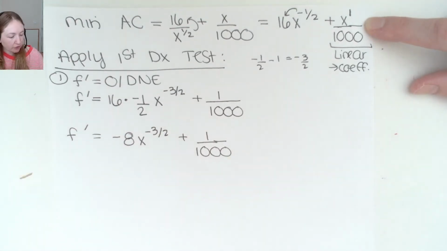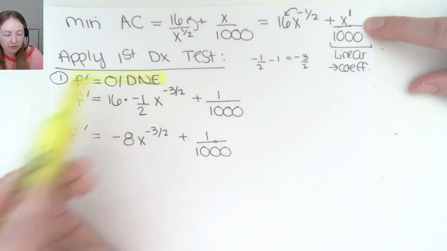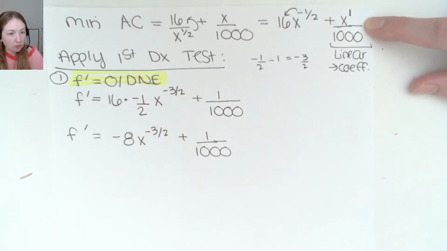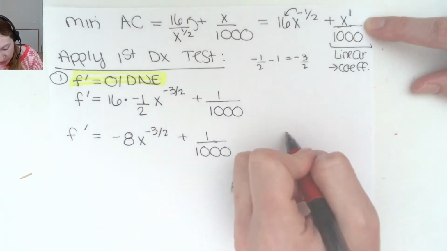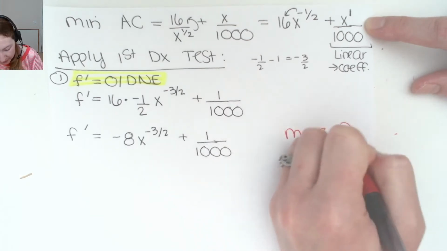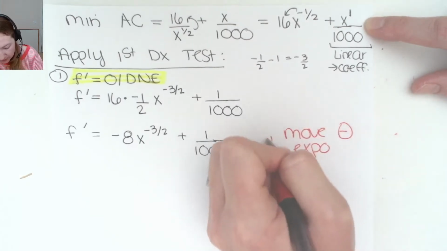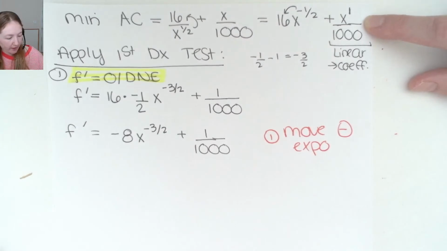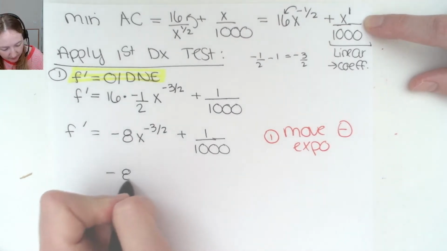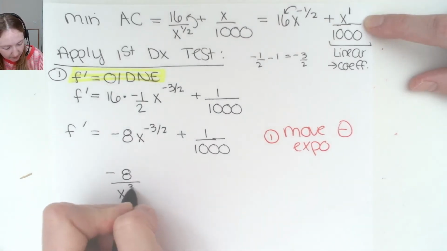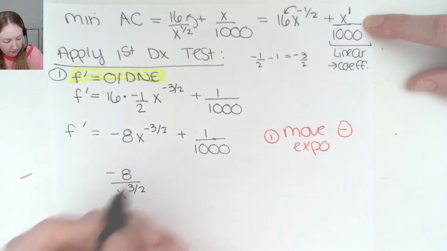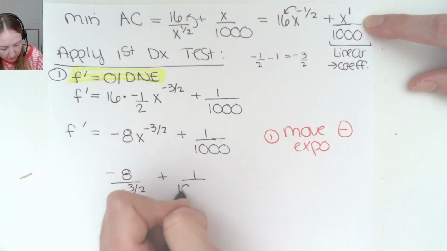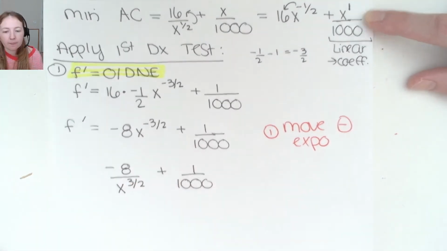Now, with that first derivative, remember we're trying to find our critical numbers. So we need to set our numerator equal to 0 and our denominator equal to 0. To find the critical number, the first thing I'm going to do is move the negative exponent as soon as I possibly can. That gives us negative 8 over x to the positive 3/2, plus 1 over 1,000.